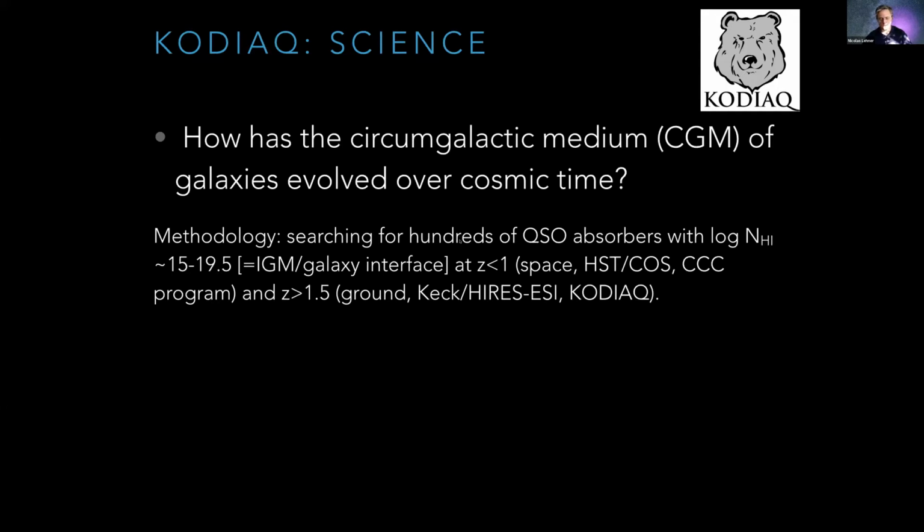That's based both on observations of galaxies and absorbers, as well as simulations, that both show that in this HI column density range, they are closely associated with galaxies, and that applies to both low and high redshift. Because we want to understand how the gas evolved over cosmic time, we have to study both from space using HST COS for redshift less than 1, and from the ground using Keck HIRES and also ESI, that's the KODIAQ program.